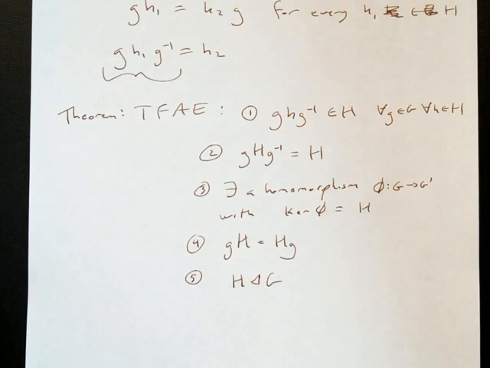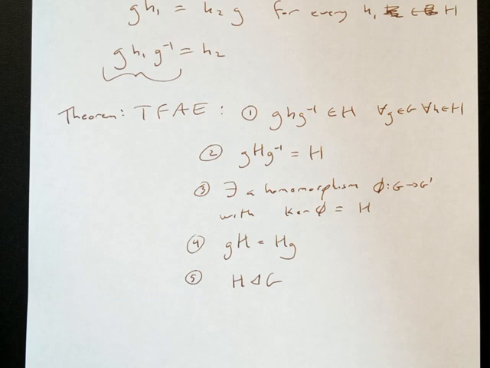Being a normal subgroup is equivalent. It's defined by property 4 here, right? Left coset is the same as the right coset. But our homomorphism theorem tells me, number 3, that H has to be the kernel of some homomorphism.